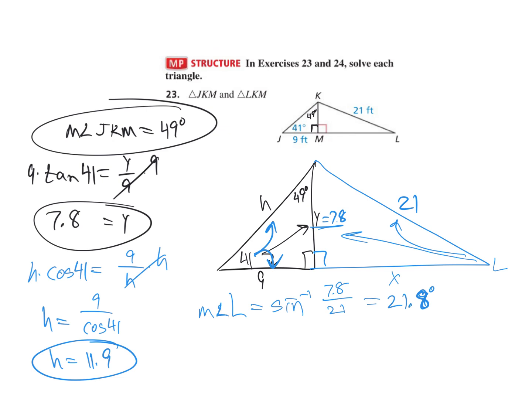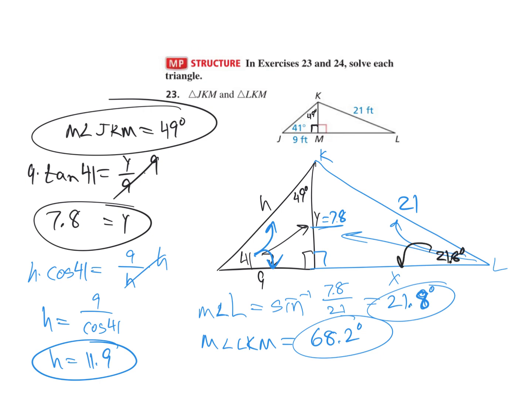So therefore, the measure of angle LKM is going to be 90 minus that, so 68.2 degrees. All right, so there's those two, but now we got to get x. So we can get x by putting the 21.8 degrees right here and using the adjacent leg and the hypotenuse.